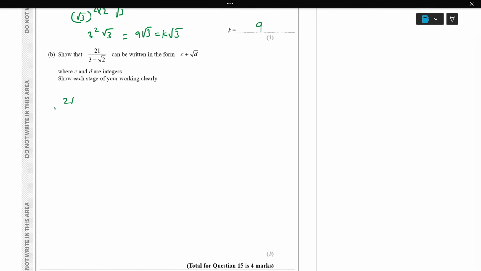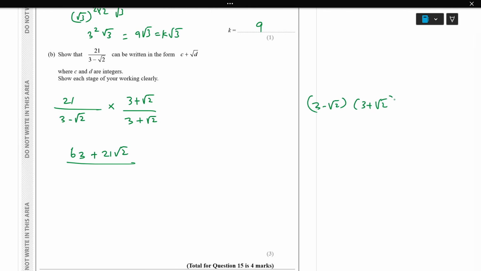Next one, show that 21 over 3 minus root 2 can be written in the form c plus root d. Show each stage of working. So rationalize the denominator: 21 over 3 minus root 2 times the opposite sign, 3 plus root 2 over 3 plus root 2. Numerator: 21 times 3 is 63 plus 21 root 2.